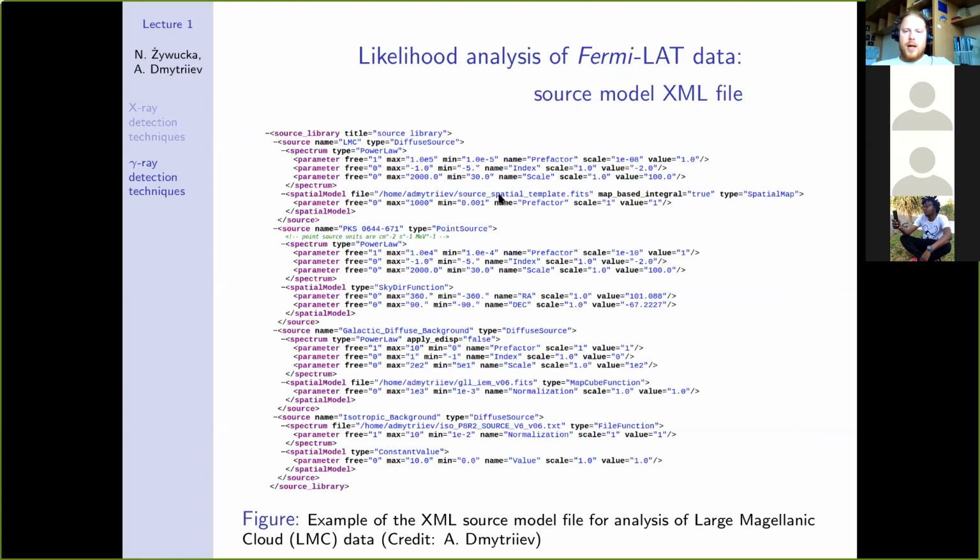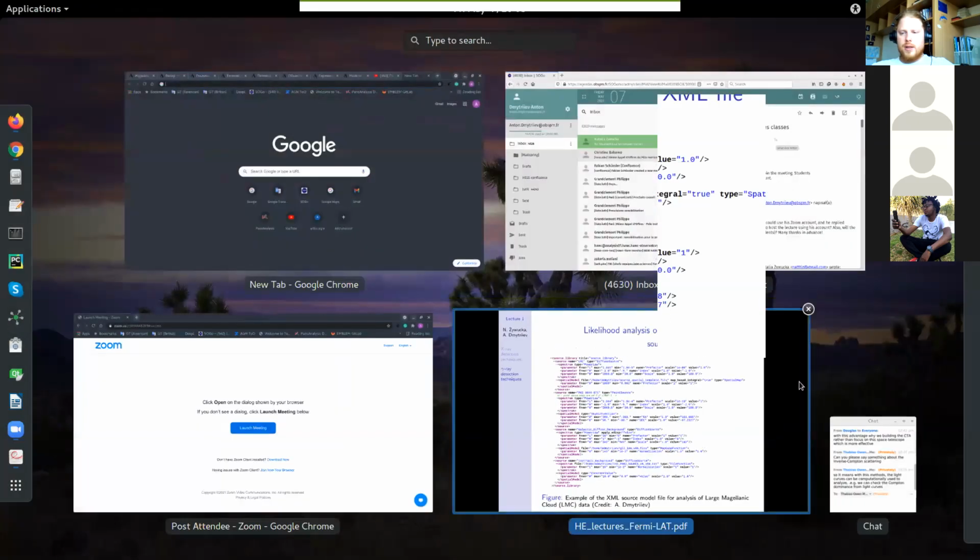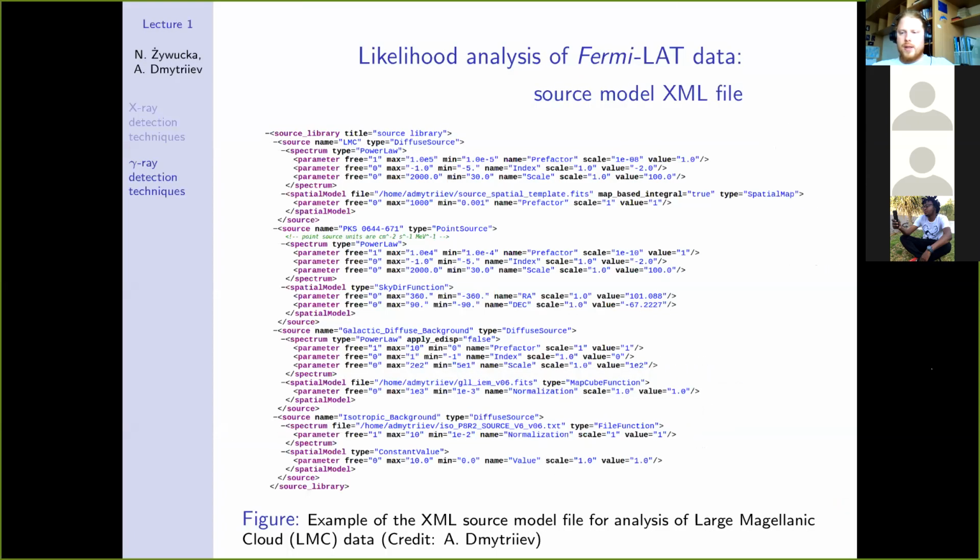So I computed separately a certain spatial template of this source, and I was using it as the geometrical configuration of the source. It's a spatial map, just the geometry, so we don't need to vary anything here. And this is it for the main source, the Large Magellanic Cloud.